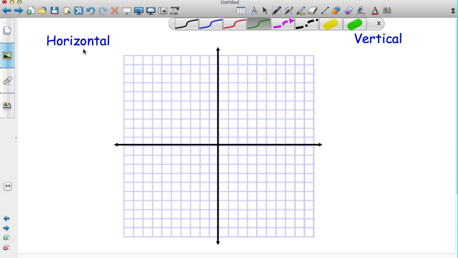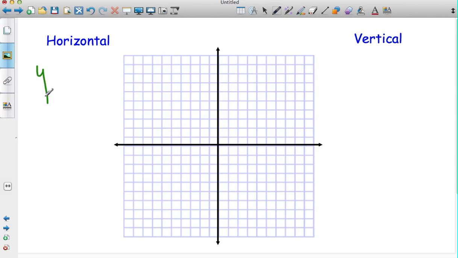If you have something where you just have, for example, y equals 4, and then another one, x equals 3, one of those lines is horizontal and one is vertical.